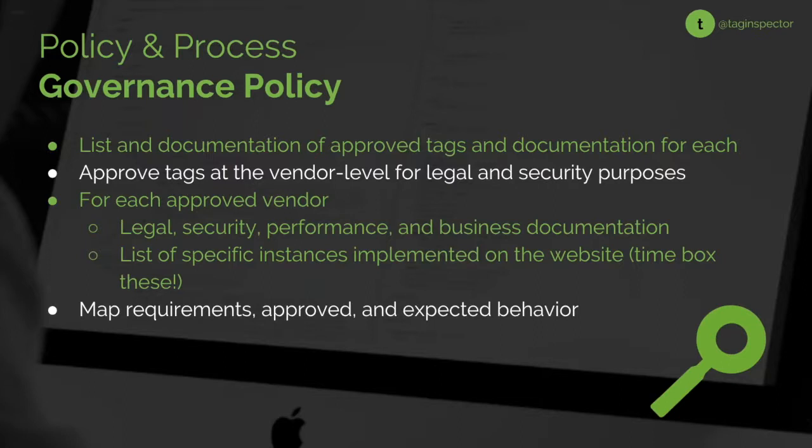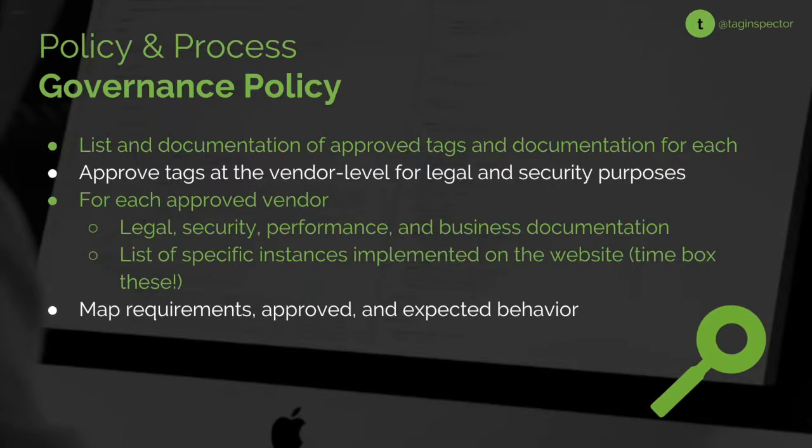As mentioned before, and I can't overemphasize it, time box the tags, the instances that you have live on your website. You do not want to set it and forget it, because you will. And then you might be promoted, move on to a different role, someone else is going to take over, and they're going to have no idea what's going on out there on the website.